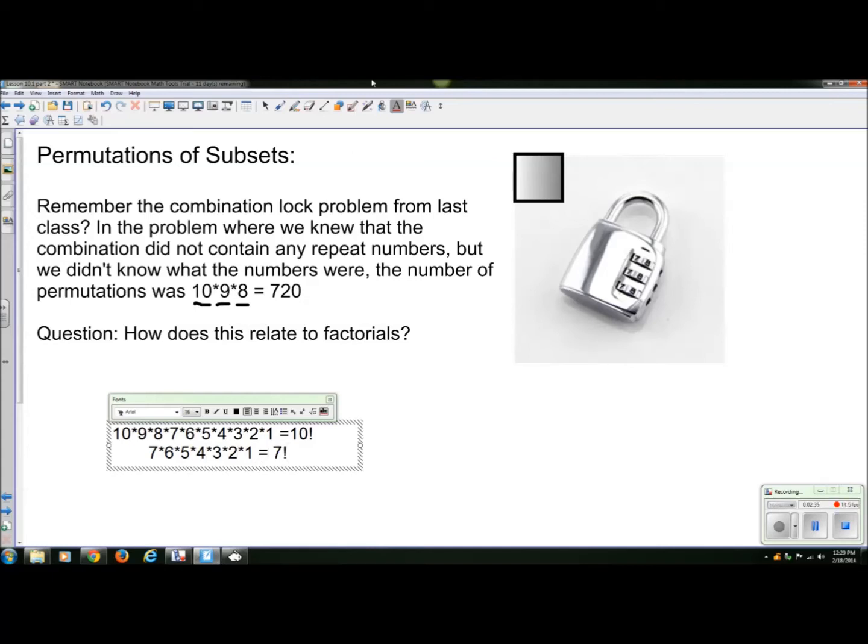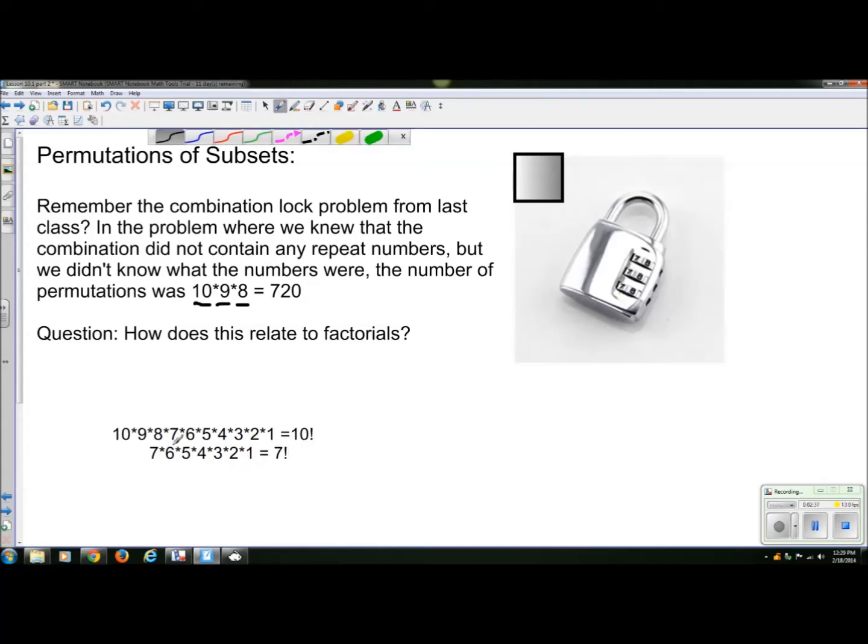If we do that, the 7s will cancel, the 6s will cancel, the 5s will cancel, the 4s will cancel, and so on. And so this fraction here, 10 times 9 times 8 times 7 times 6 times 5, all that, really just boils down to 10 factorial divided by 7 factorial.